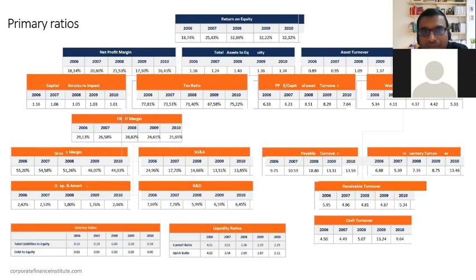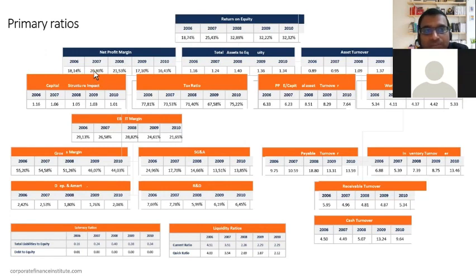Are you guys with me? Right? So which gives you a very good comfort that yes, your company overall is doing really good. Now you look at from where this contribution is coming. When you have reached 32% from 18%, from where is this contribution coming? Are you utilizing your assets well through these two ratios, or is your net profit margin increasing?